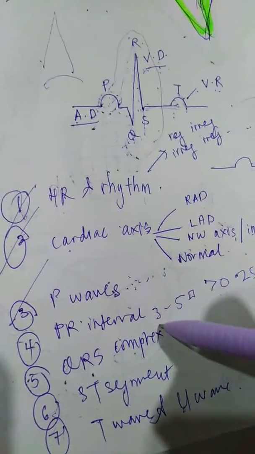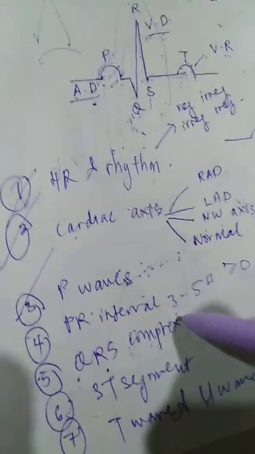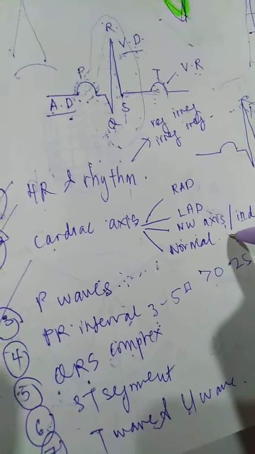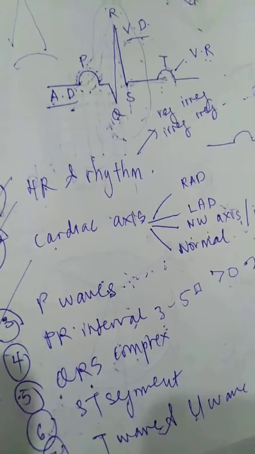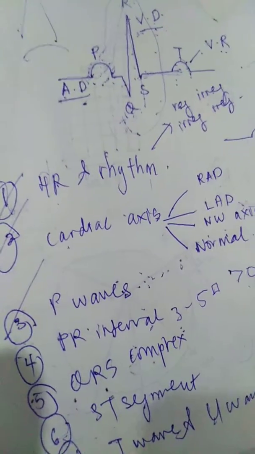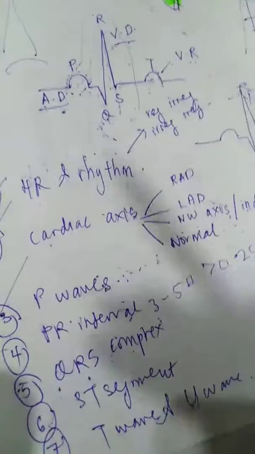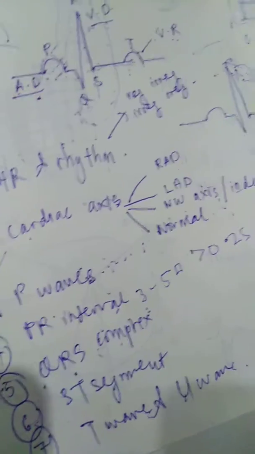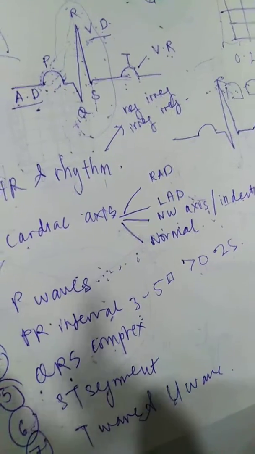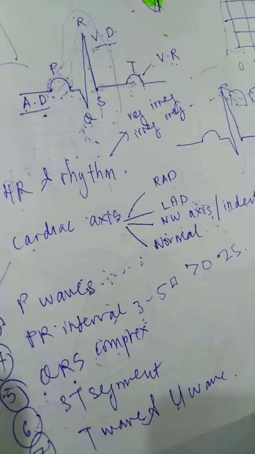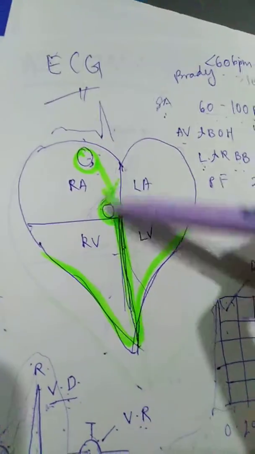So you literally see that it takes some time from the P wave before it starts ventricular depolarization. So you need to measure the number of boxes. If the patient has a PR interval of more than 0.2 seconds, it means the patient has a prolonged PR interval.